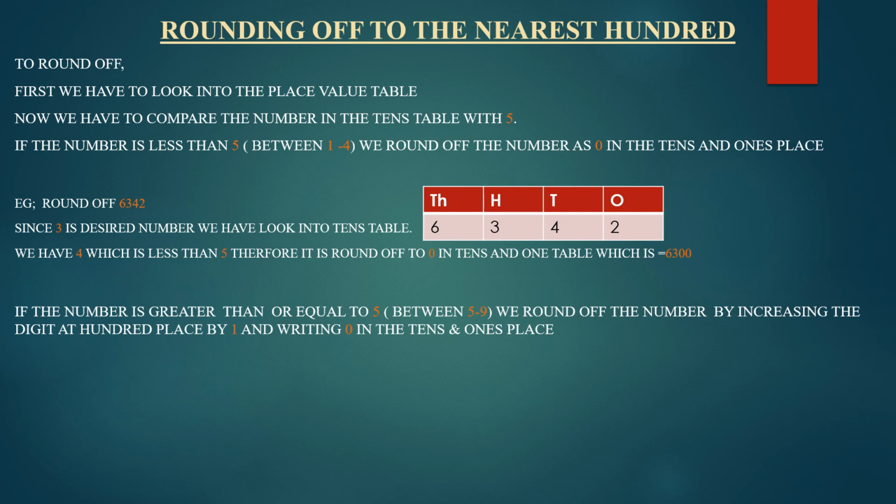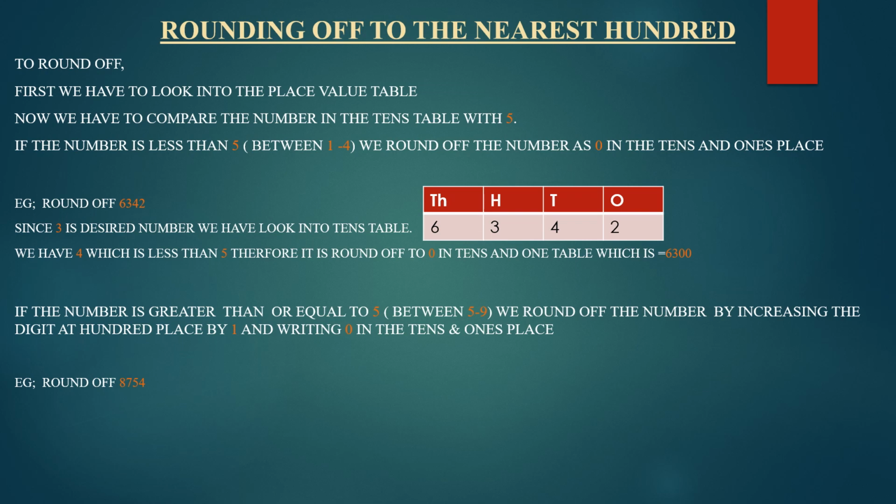The only thing is that there we added 1 in the hundreds place, and we also write zeros in the tens and ones columns. You have to remember one thing: in rounding off to the nearest 100, when the digit is greater than or equal to 5, 1 is added to the hundreds place, and the rest of the columns, tens and ones, are made zeros.